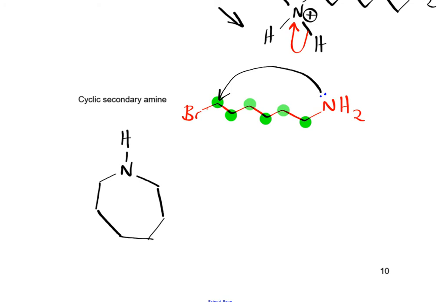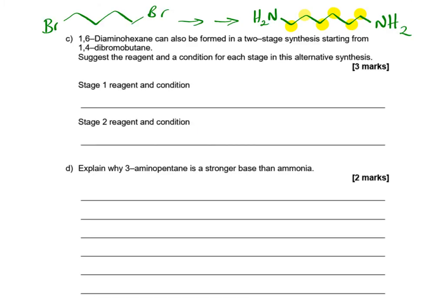This next part continues to be tricky, so we've got a different synthesis. The clue here is that we're going from 4 carbons to 6 carbons, so there's a trick that we need to become accustomed to, and this is the introduction of a cyanide group to make a nitrile.